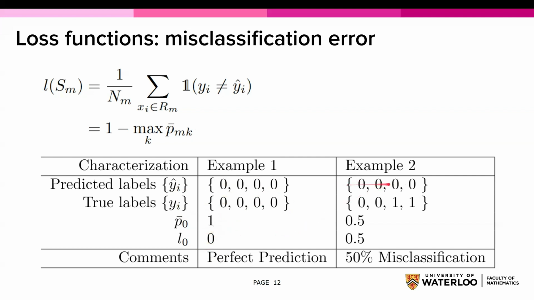On the other hand, suppose we are predicting all 0 labels within a given region, but a number of points have the opposite class. In this case, the empirical fraction would be 0.5, and therefore our loss would be 0.5, a 50% misclassification error. This tells us that the split isn't doing a very good job of separating the classes, and we should probably consider some other feature or other thresholds to improve what's going on here.